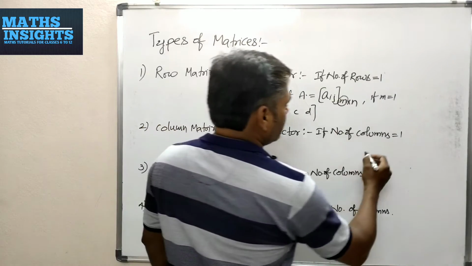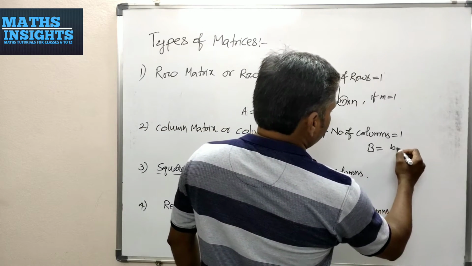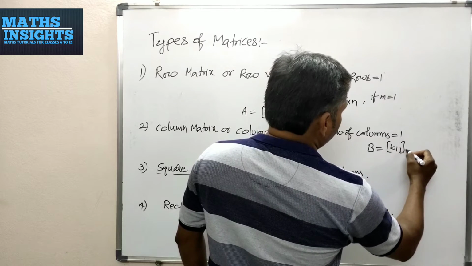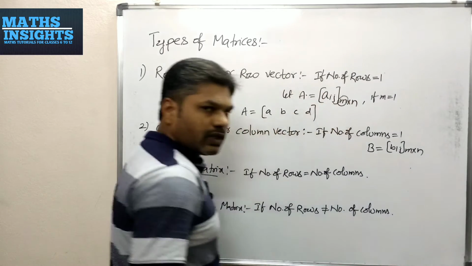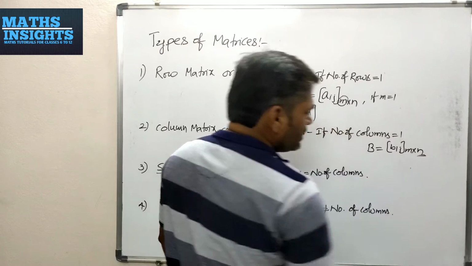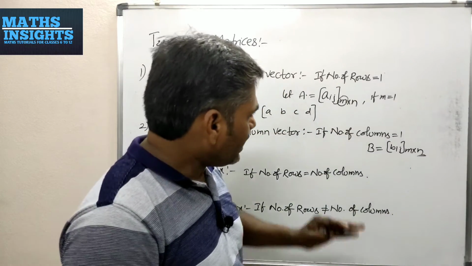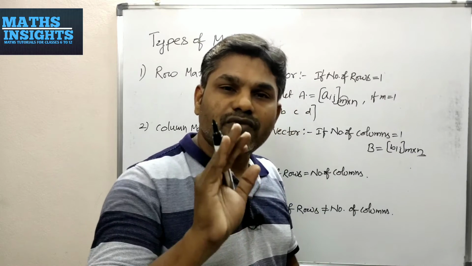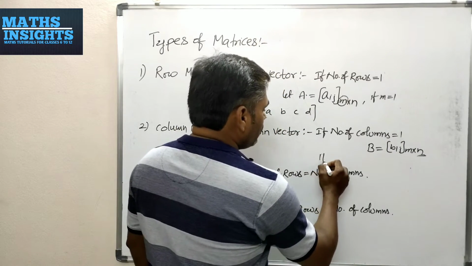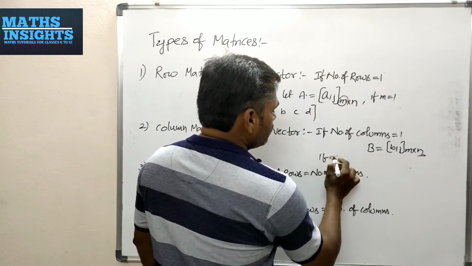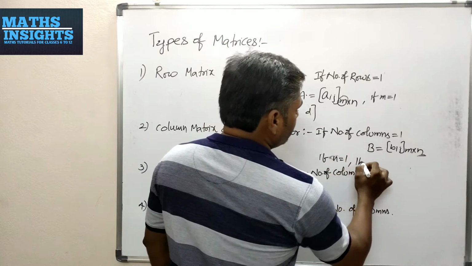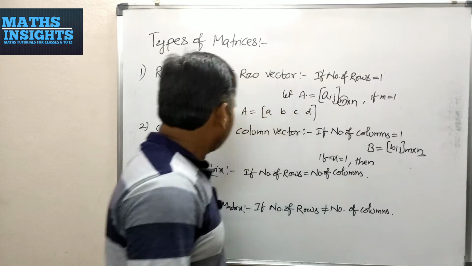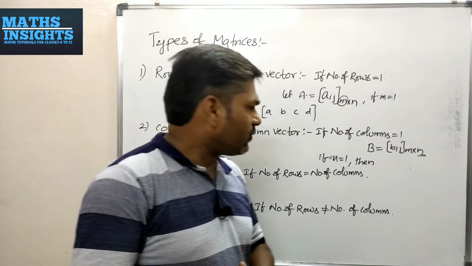For example, I am taking B is equals to Bij, whose order is m by n here. This n will represent the number of columns. As per the definition, if n is equals to 1, then B is called the column matrix or column vector.